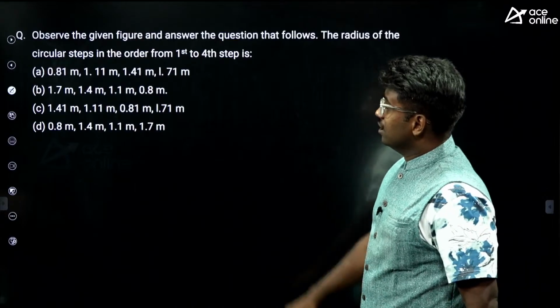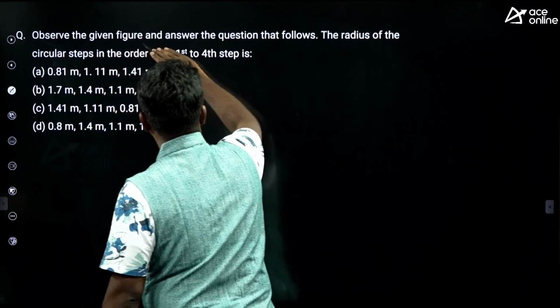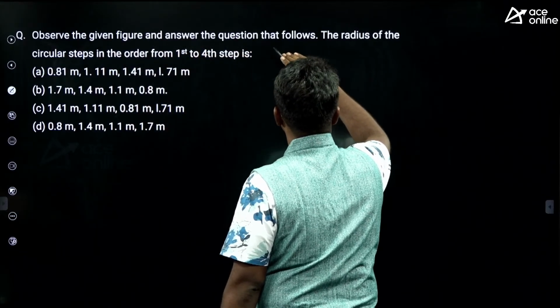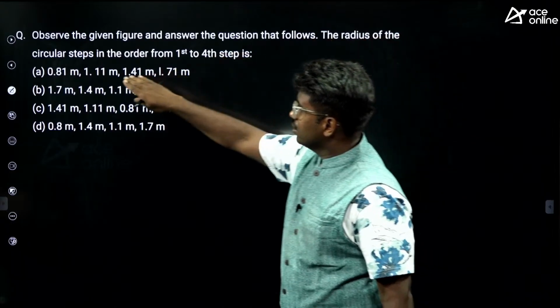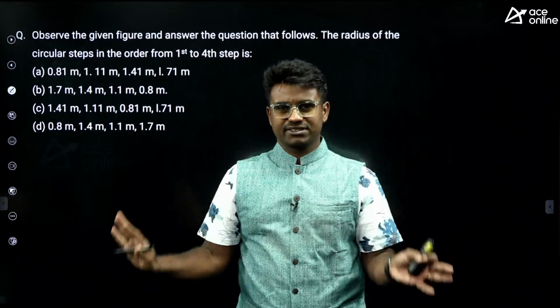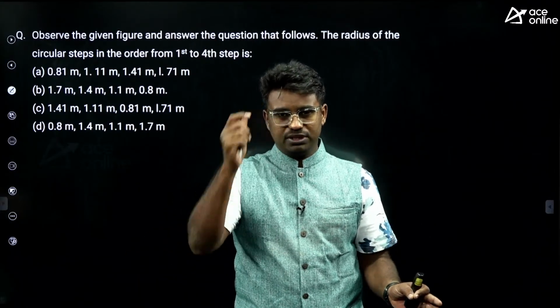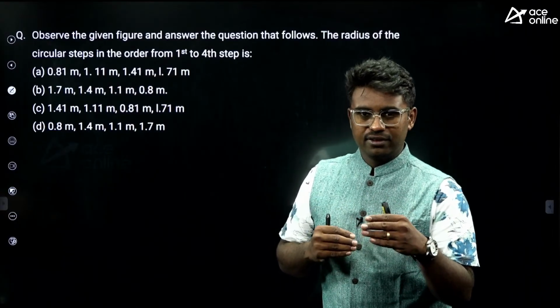Next one. C. Observe the given figure and answer the questions that follow. The radius of a circular step in order from the first to fourth step is? Use a little thought. We have riser and tread.